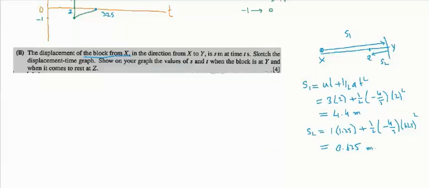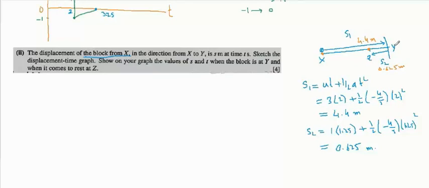It means that it has moved forward 4.4 meters and then came back 0.625 meters. So the displacement of Z will be from the reference point.